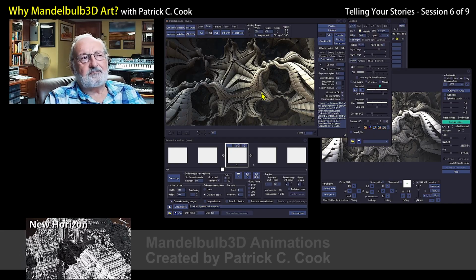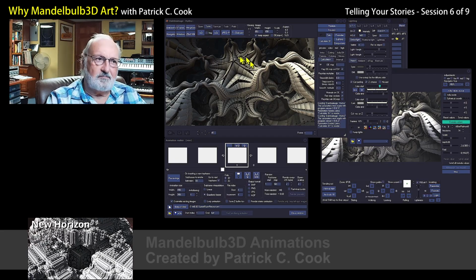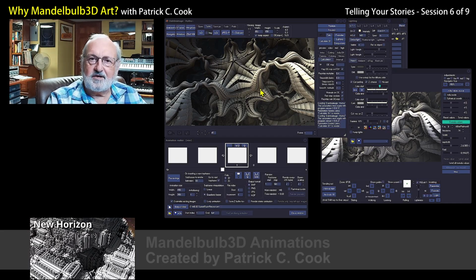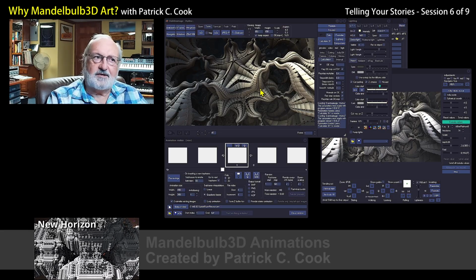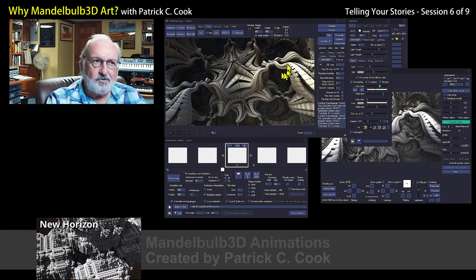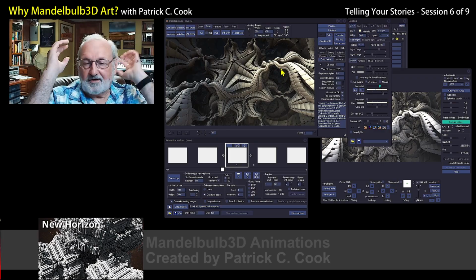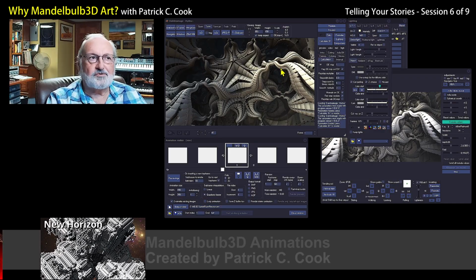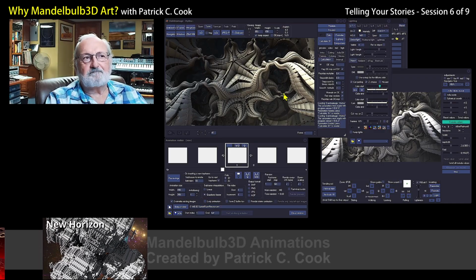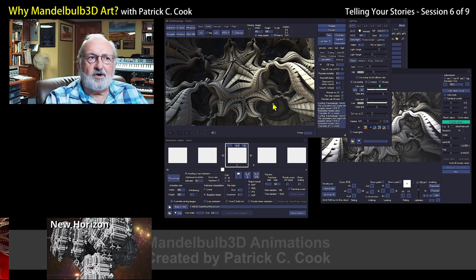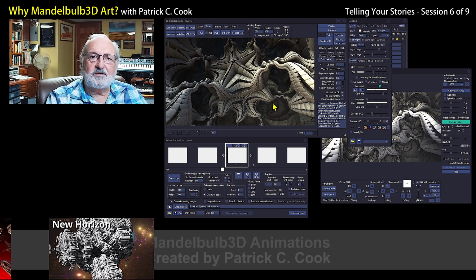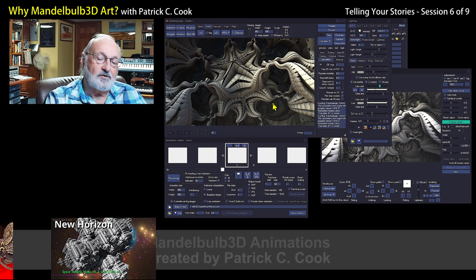And I talked about in the last session how this appears to be some sort of organic creature that is in a community, and the tentacles are connecting with other creatures. Now we were talking about how we can tell this story better.